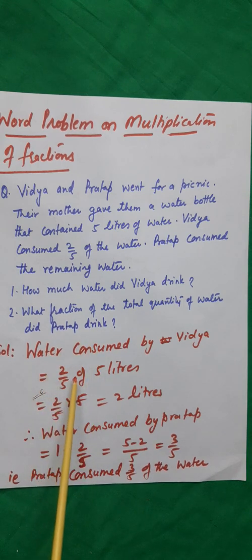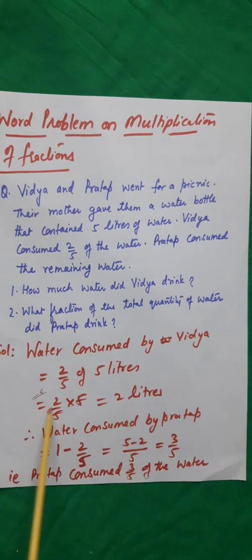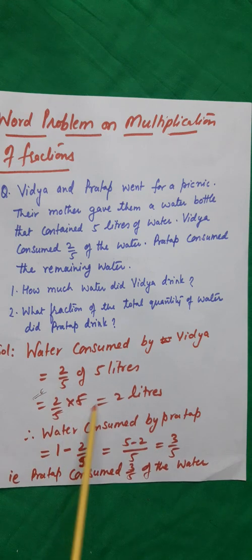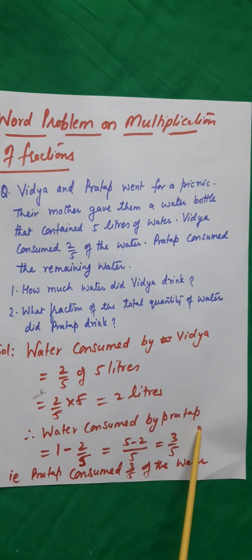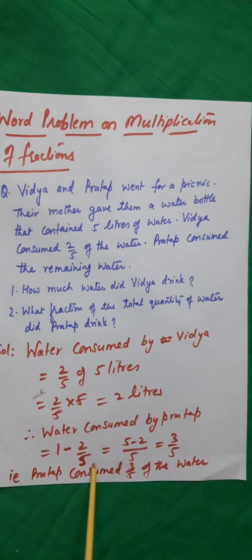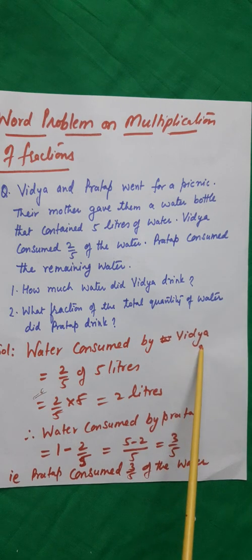Solution: water consumed by Vidya is 2 by 5 of 5 liters. This means 2 by 5 into 5, that is equal to 2 liters. Therefore, water consumed by Pratap will be 1 minus 2 by 5, because the whole is 1 and 2/5 is consumed by Vidya.